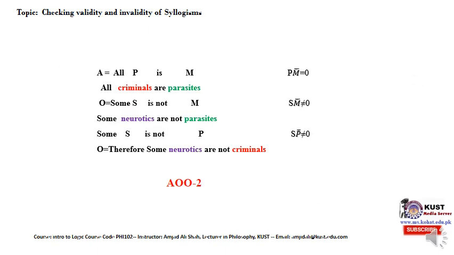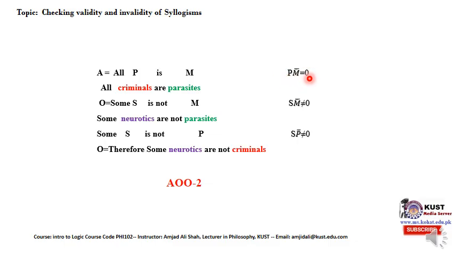Next, this is another syllogism in which there are some particular propositions and a universal proposition as well, that is universal affirmative: AOO2. All criminals are parasites. Some neurotics are not parasites, therefore some neurotics are not criminals. Now, PM bar is equal to 0.